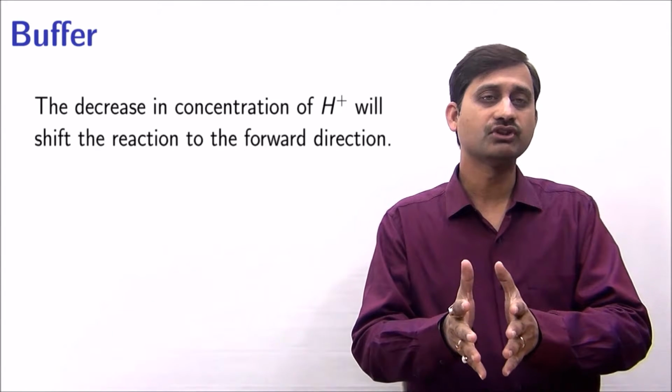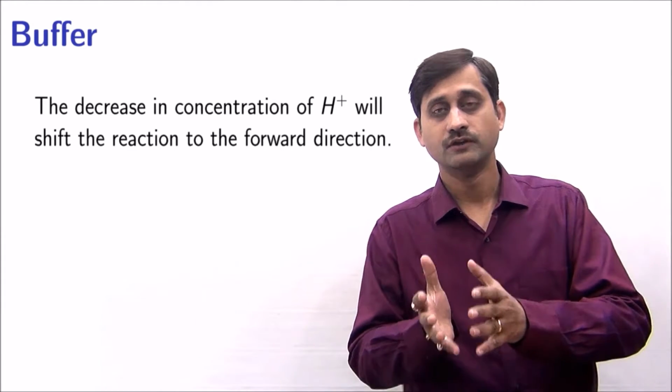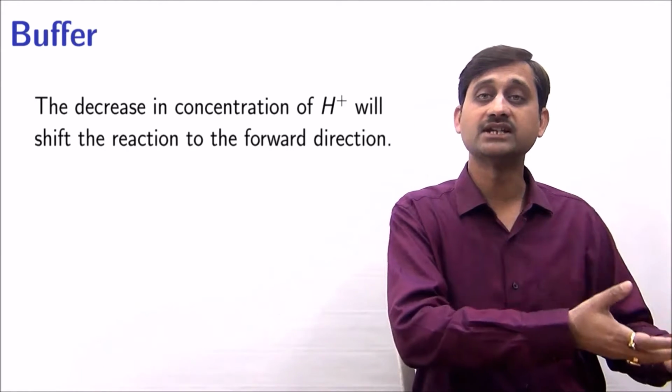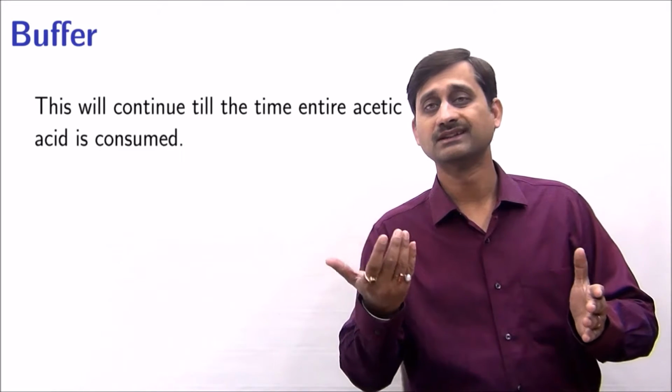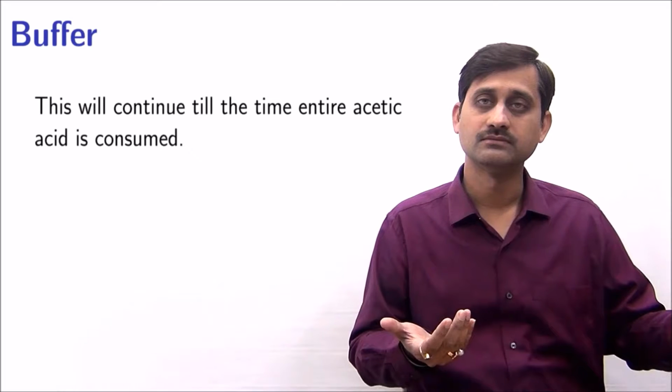The decrease in concentration of H+, which is the product in this reaction, will shift the reaction in the forward direction and create more H+. This will continue till the entire acetic acid is consumed.